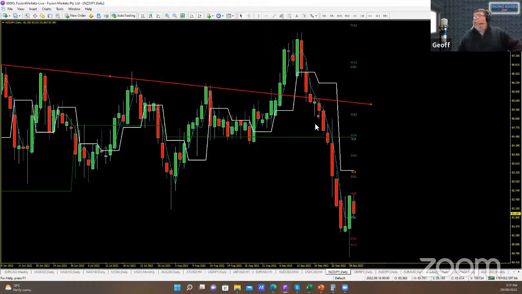I was also short Kiwi yen, and exactly the same principle. I can't remember exactly how I dealt with this, but it would have been the same thing, TP1, stops to entry, and the spreads here would have taken me out there, as I recall, before all this happened.